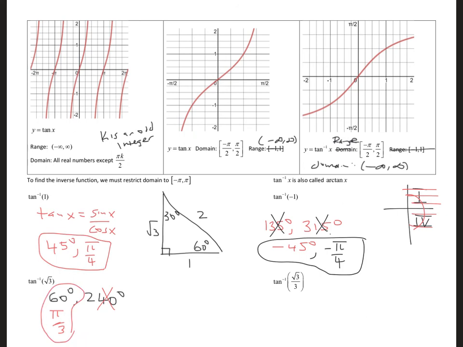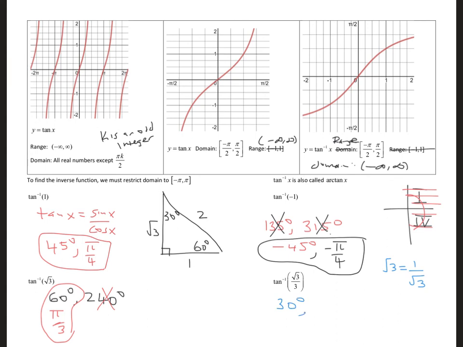The next one is square root of 3 over 3. And note that square root of 3 over 3 is the same as 1 over square root of 3. That means this angle, opposite over adjacent, has to be 30 degrees, tan of 30 degrees. It has to be 30 degrees because tan 30 is the one which has 1 over square root of 3.